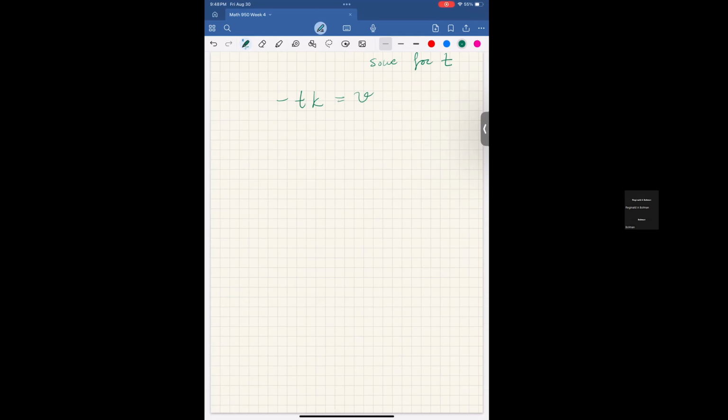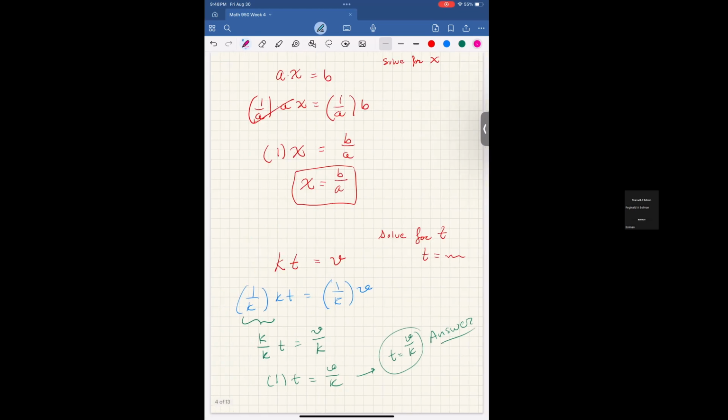Here again, just like before, we want to finesse this equation to get T on one side and everything else on the other side. The only real difference, however, is that when you look to the previous equation, on the one hand, we were multiplying 1 over K on the left-hand side of our variables. Do you guys see that? We've got 1 over K times K, because K itself was parked to the left of our T.